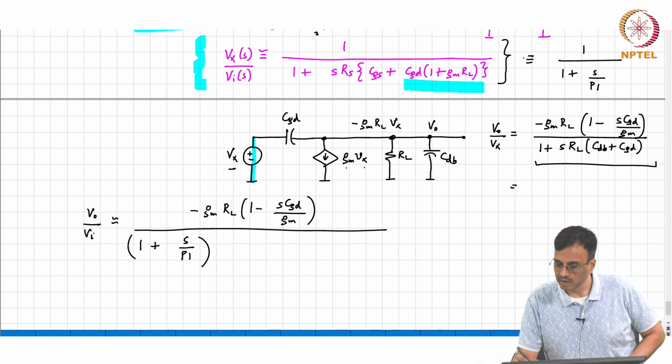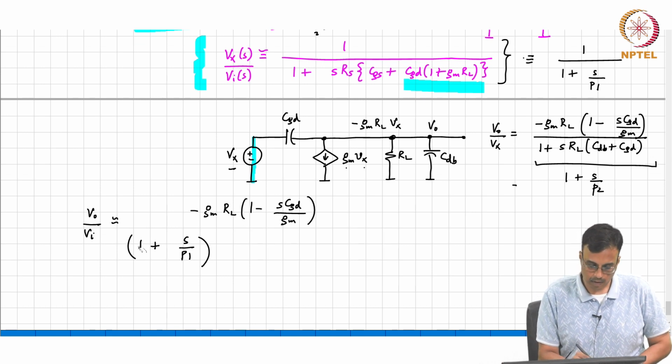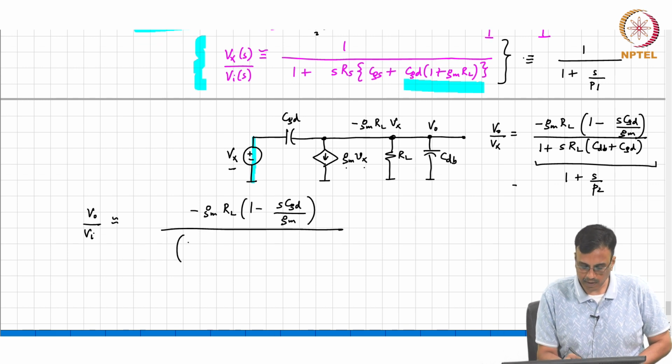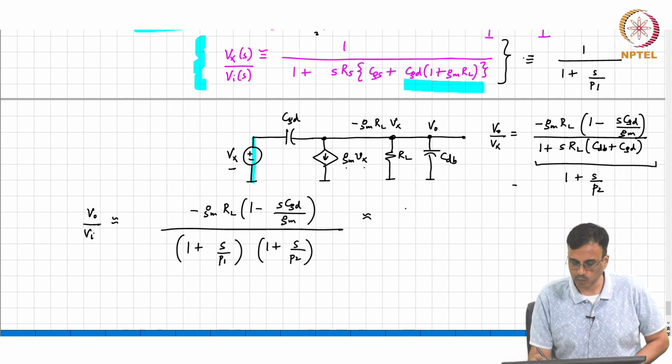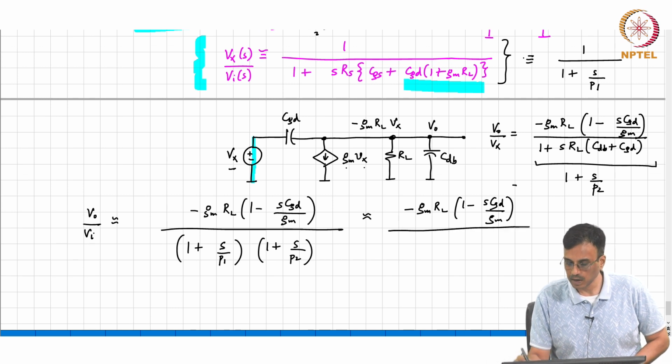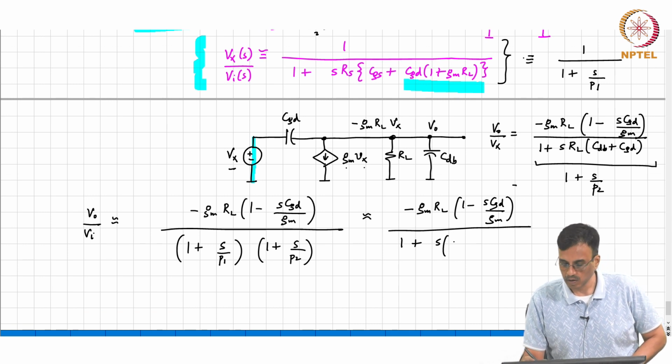times 1 plus S over P2. All right. So you can see therefore that, for small s, this is approximately minus GMRL times 1 minus S CGD by GM divided by 1 plus S into 1 over P1 plus 1 over P2.